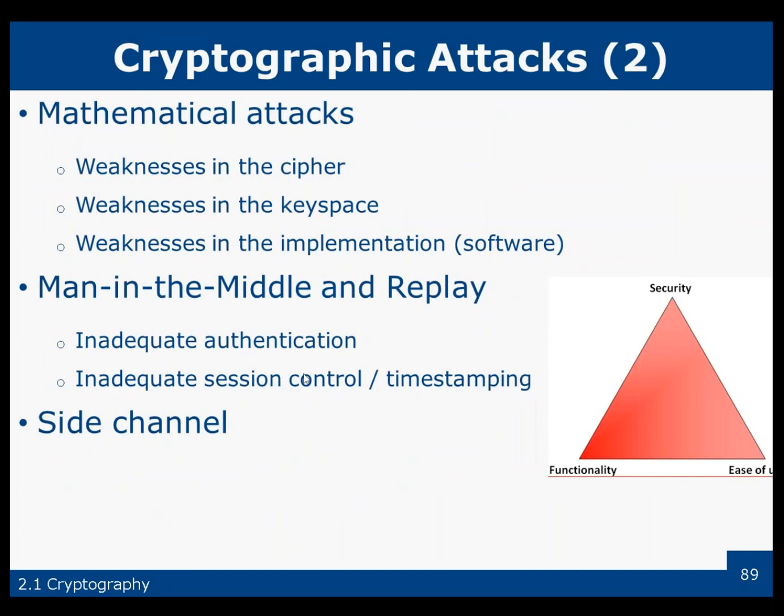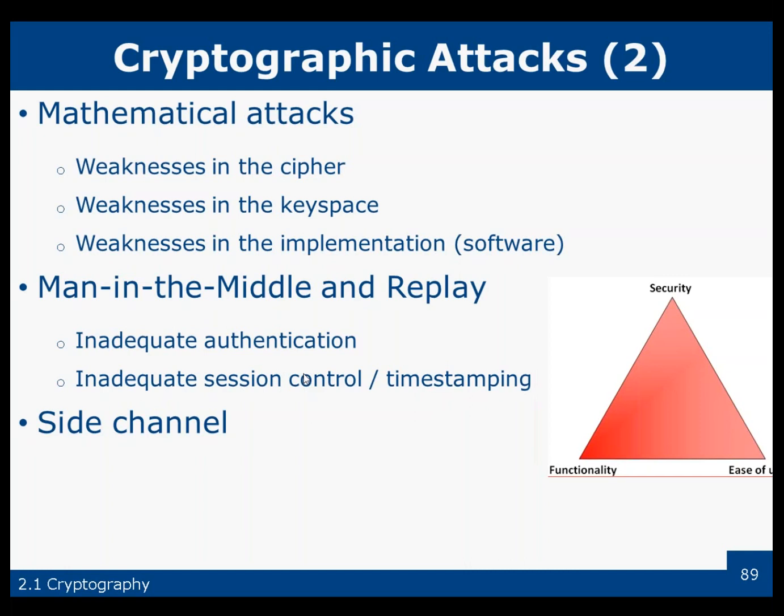Mathematical attacks use weaknesses in the cipher, weaknesses in the key space, or weaknesses in the implementation software. And we talked about the man-in-the-middle attack, inadequate authentication, not using an encrypted channel, inadequate session control. Time stamping will help that out a lot.